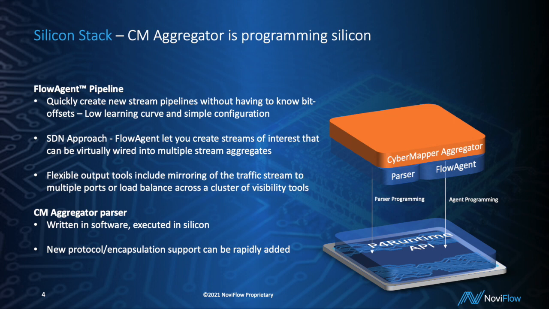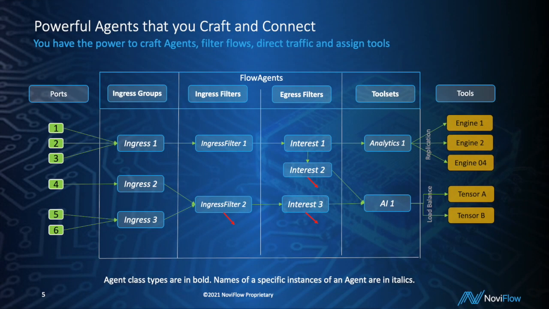This is really powerful. Okay, so now we're going to shift and talk about how we deliver this. What does this look like? And most specifically, how does it empower the user? The idea here is that we're going to divide this up. Here the ports are where the taps' traffic shows up.